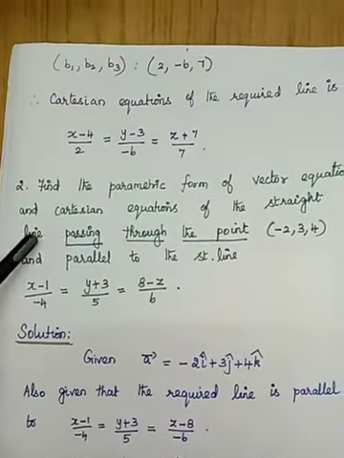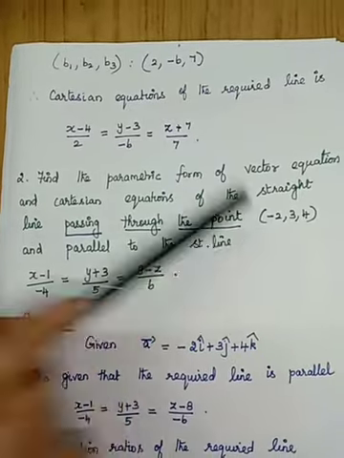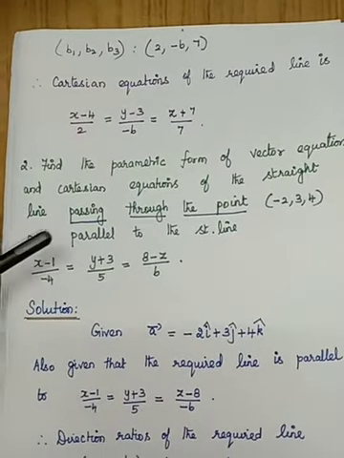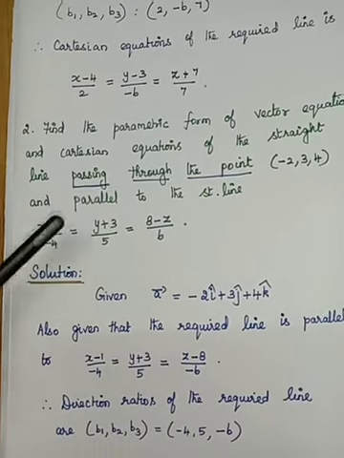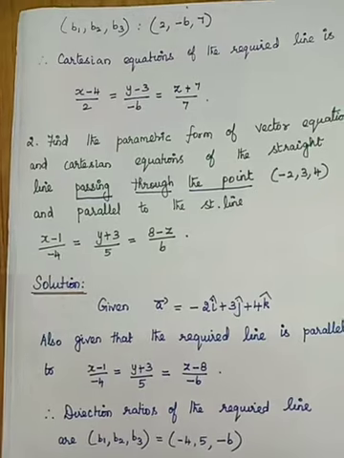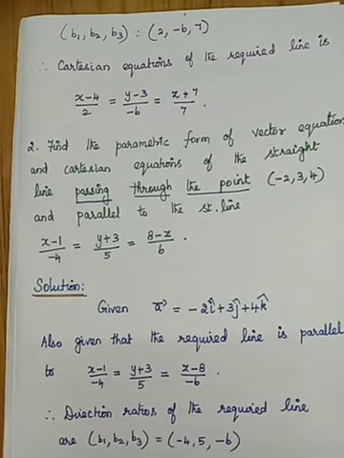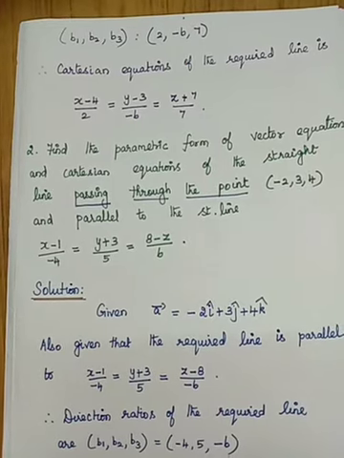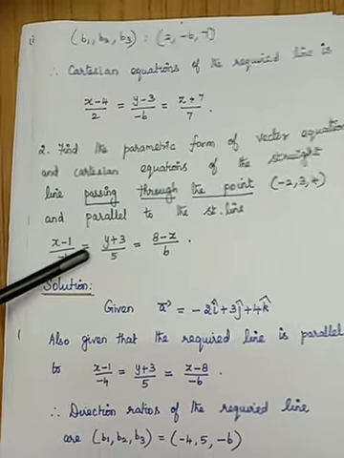The straight line passes through a point, so one passing point is given, and it is parallel to another straight line. Your required line and the given line are parallel, so we can take the direction ratios of the required line from this.